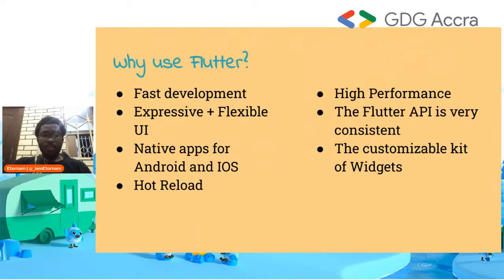So why use Flutter for fast development? Now, Flutter uses the declarative type of coding. So unlike, let's say, Android app development, which uses XML, you have to basically write your UI with XML.